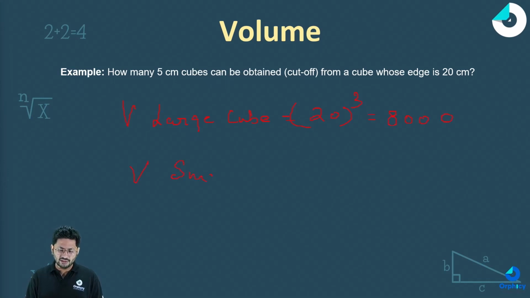Volume of the small cube कितना होगा? 5 का क्यूब, छोटा वाला क्यूब तो 5 सेंटीमीटर का ही है. सो 125.